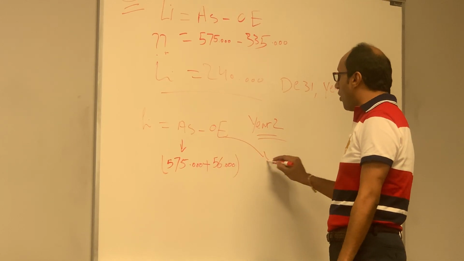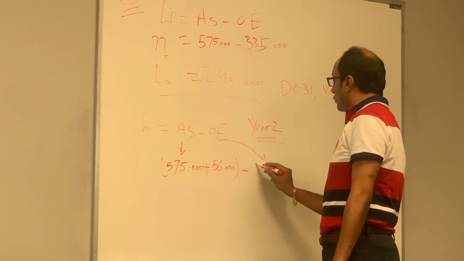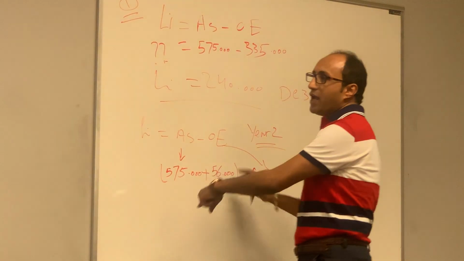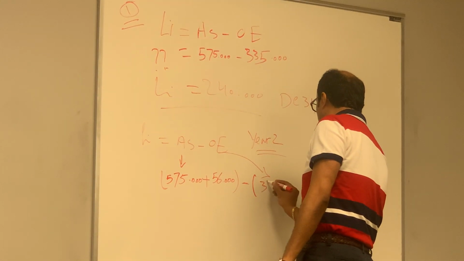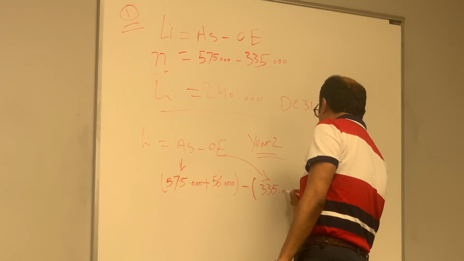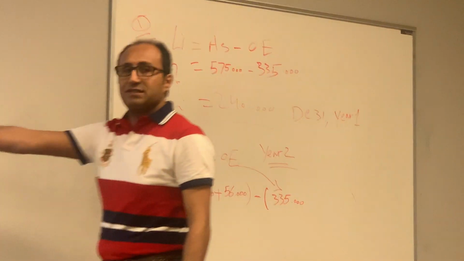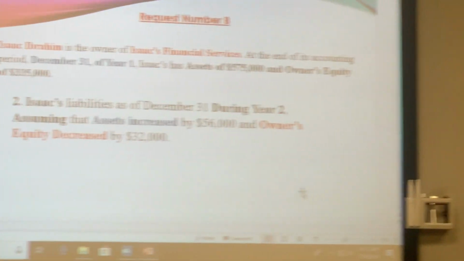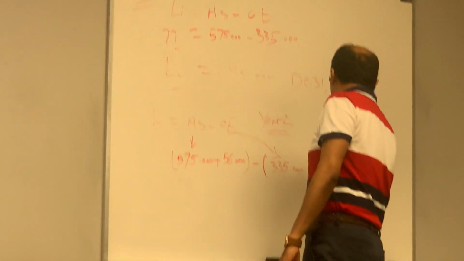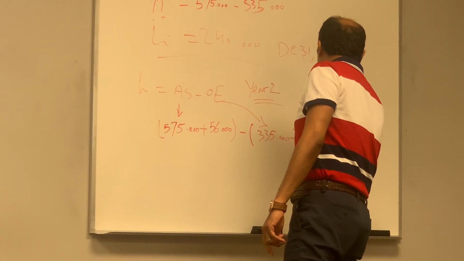Then we count owner equity: first $335,000 minus $32,000, because it decreased by $32,000.